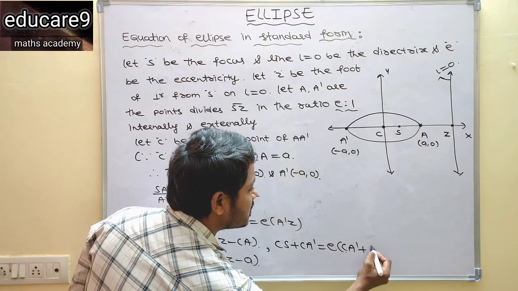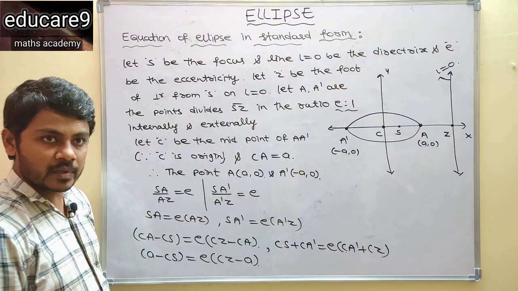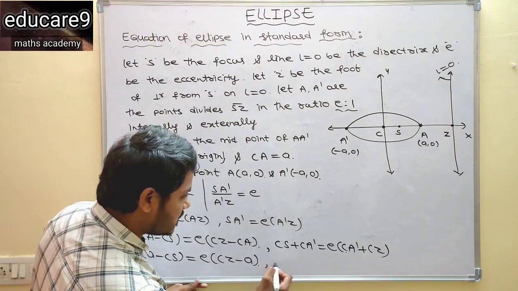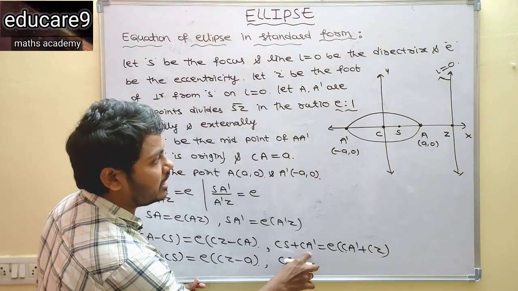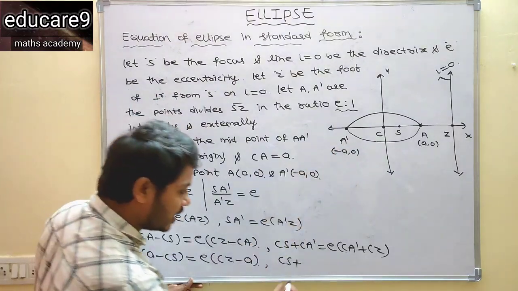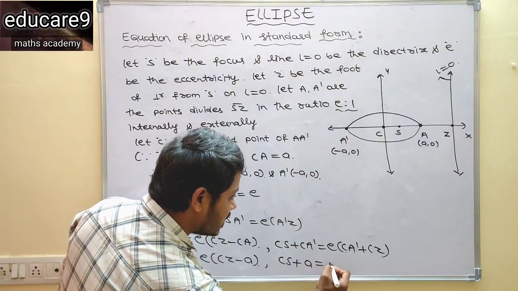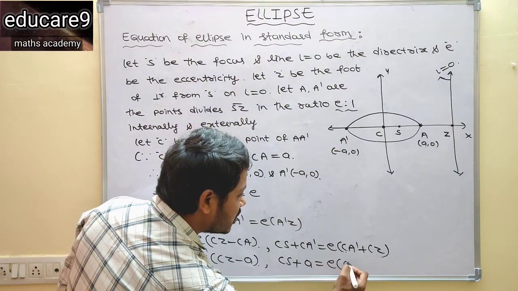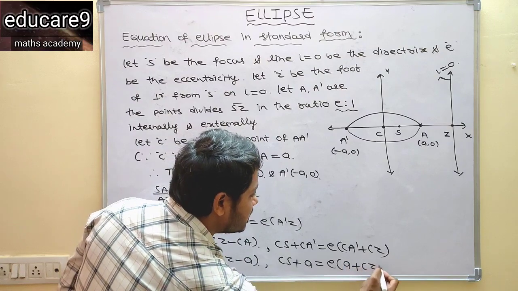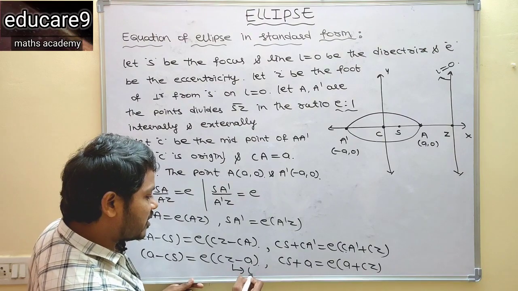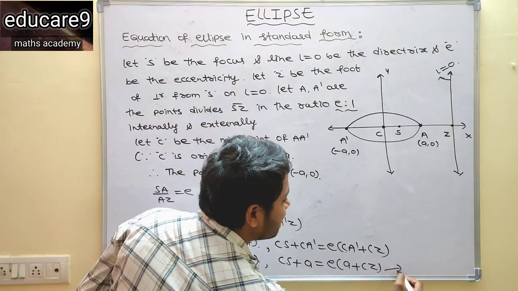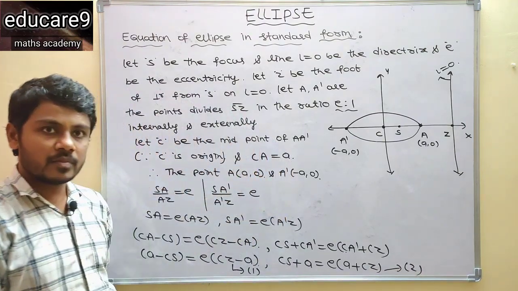See here, this is CS, and the CA dash distance is small a. So CS plus a is equal to e into (a plus CZ). Now see here, this is equation 1 and this is equation 2.